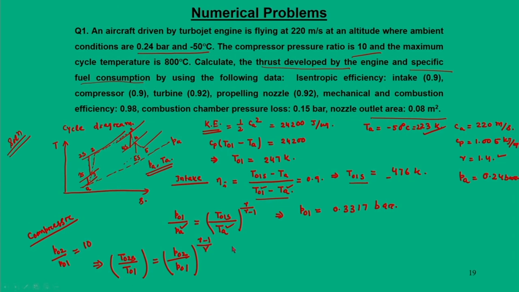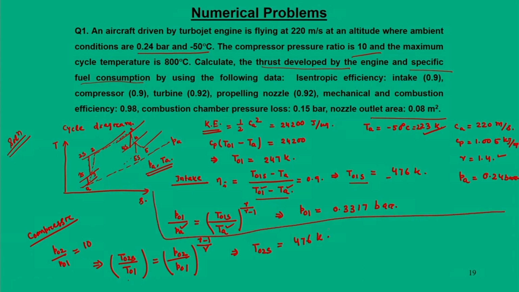So we know P naught 2 by P naught 1, we know T naught 1. So this will give you T naught 2s as 476 Kelvin.